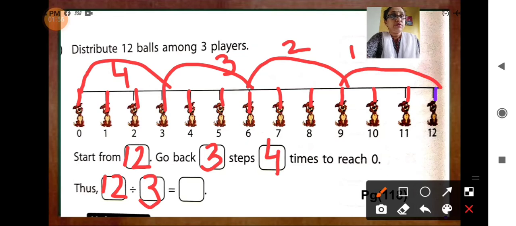Say the tables of 3. 3 ones are 3, 3 twos are 6, 3 threes are 9, 3 fours are 12. Okay? Now complete it. Finished? Okay.